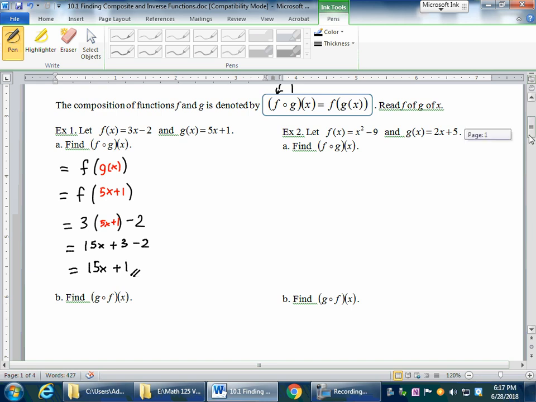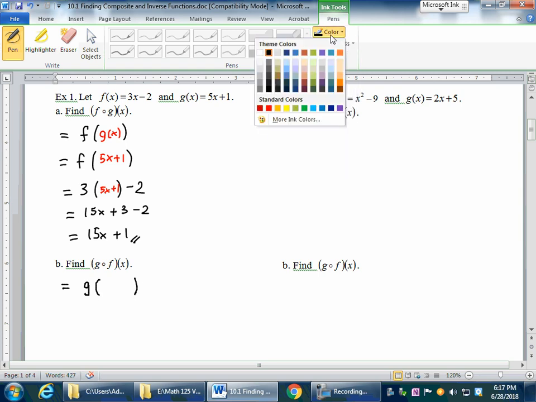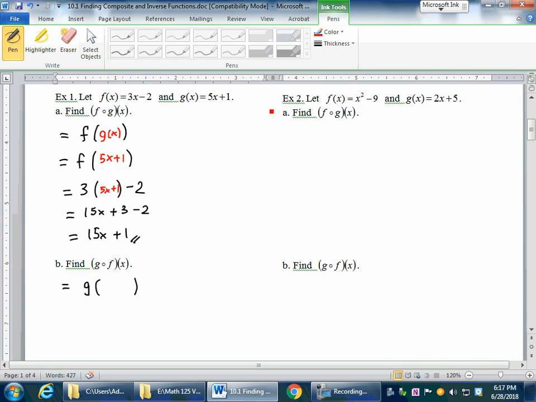So let's take a look at the next example, part B of this example. This time, g compose f of x. So that tells me, according to the definition, the second function is the input of the first function. So we know we have g of x, and the input will become, this time, f of x.